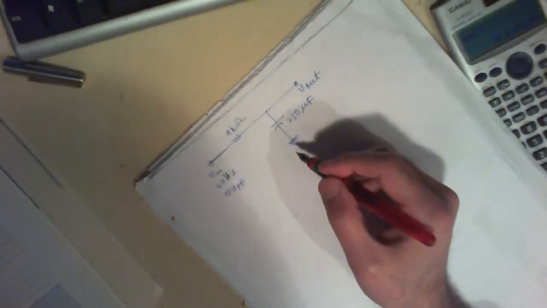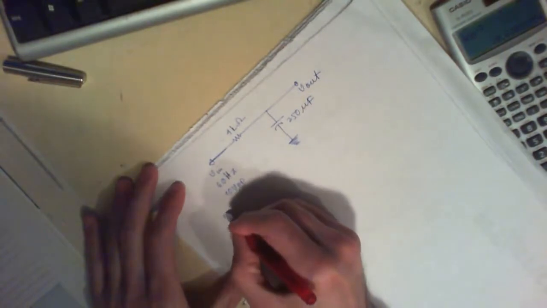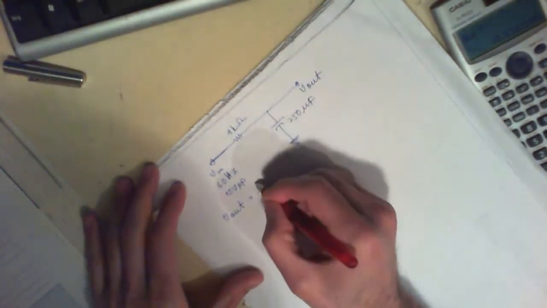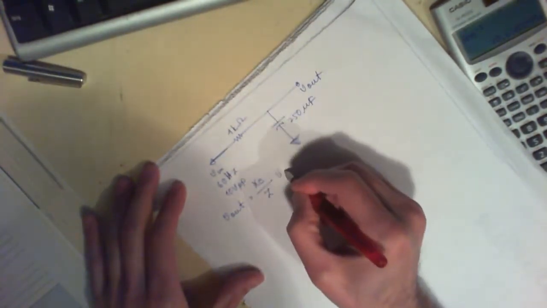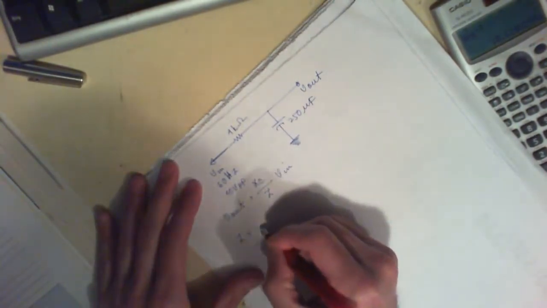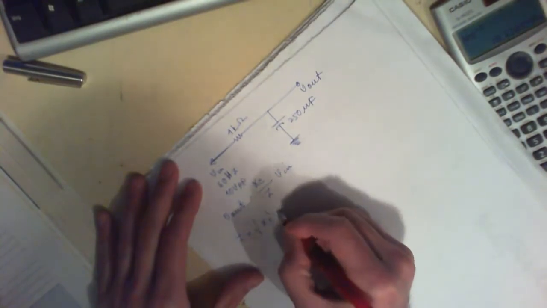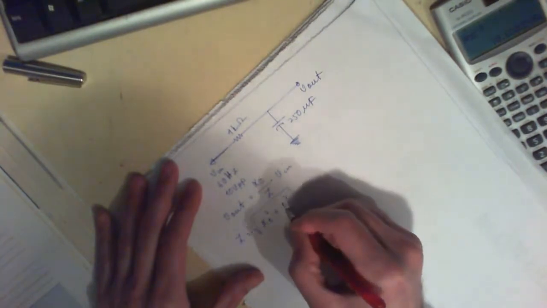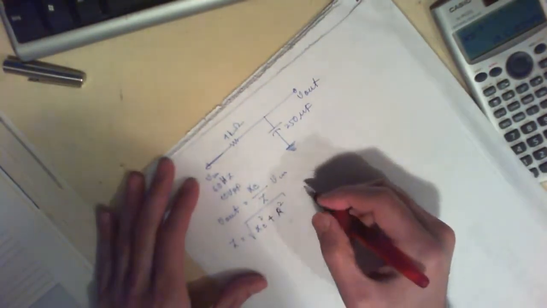Okay, so then what happens here is that your V of out is going to be the reactance of this capacitor divided by the impedance of the circuit times V of in. The reactance we have already calculated, so your impedance is equal to the square root of X of C squared plus R squared. That's going to remain the same.